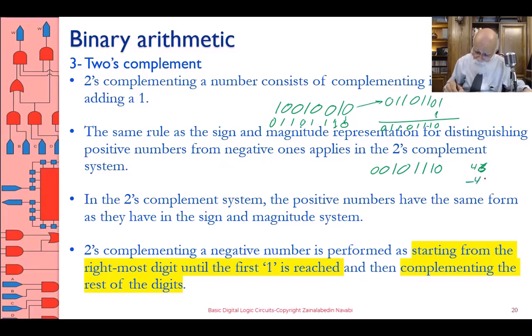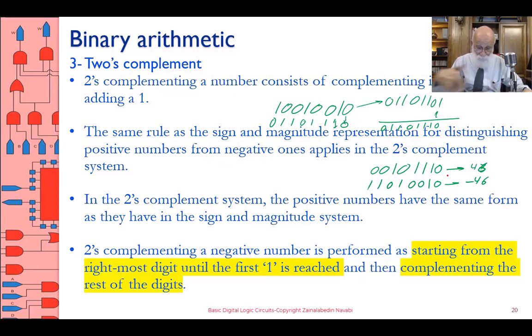Minus 46 is this. Start from the right-hand side: 0, 1. Write down everything, including the very first one from the right-hand side. Everything from then on gets complemented. This is 0 0 1 0 1 1. So if the above is plus 46, what I'm showing below is minus 46.